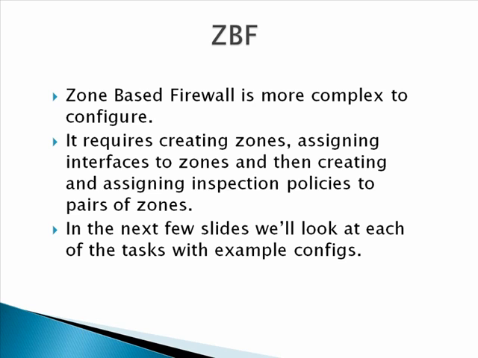You might have DMZ1, DMZ2. You might have a partner net where partners come in, etc. The point is you can have a different policy for each of those zones, or I should say each of the zone pairs. So from the outside to DMZ1, from the outside to DMZ2, from the outside to partner net, from the inside to outside, and so on.